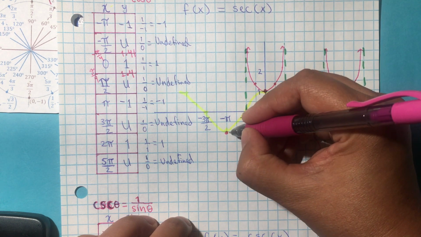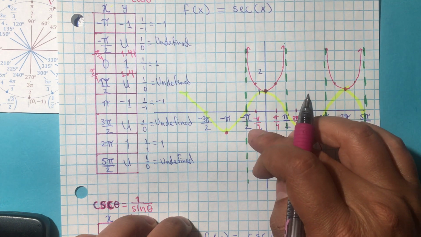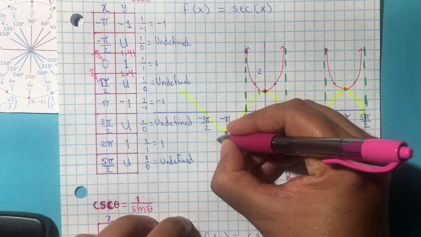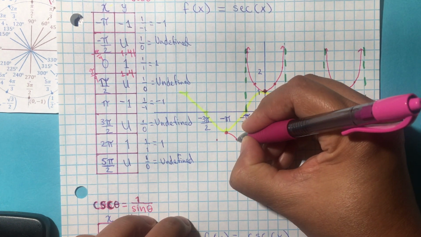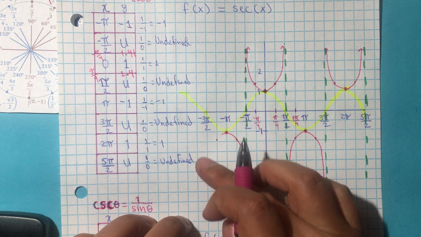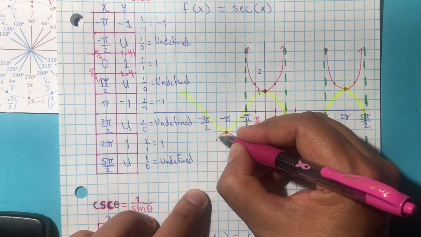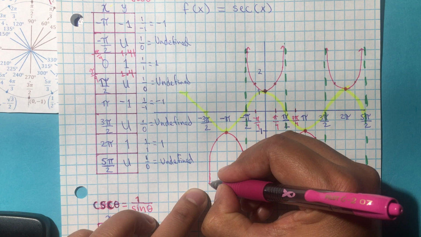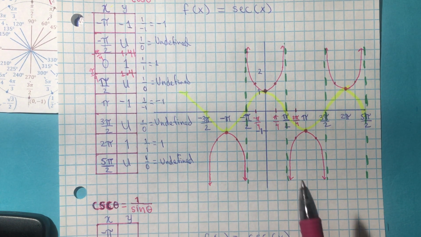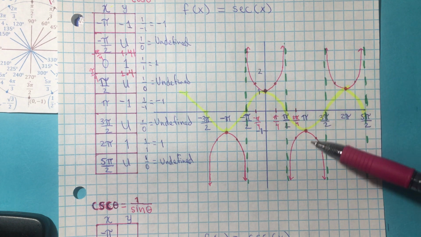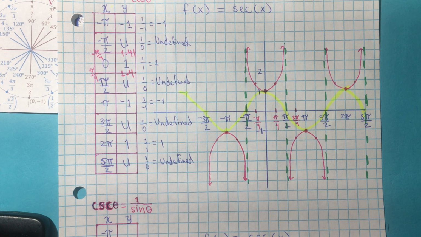In here it would be the same. So this is -1, -2, so about here. And you open your parabola going down. The other one would be around here, so don't touch it, just approach it, more or less. Okay, so those will be just without the yellow line. That will be your graph for the secant of theta.